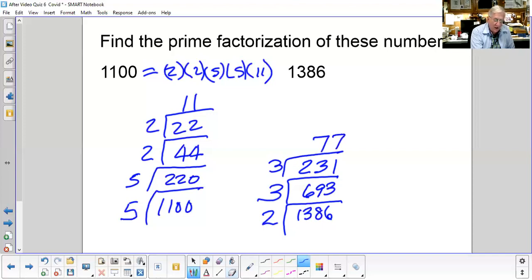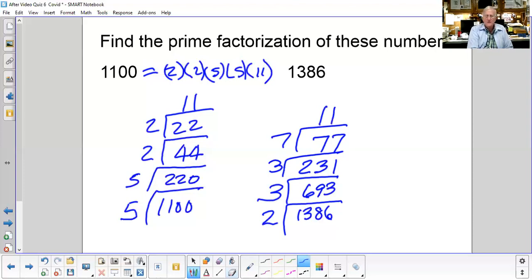And I believe it goes 77 times. Now, 2, 3, or 5 will not divide into 77, will it? Okay, so I have to think of another prime, if there is one, that will go into 77. And I think you know that 7 will divide into 77, and it goes 11 times.